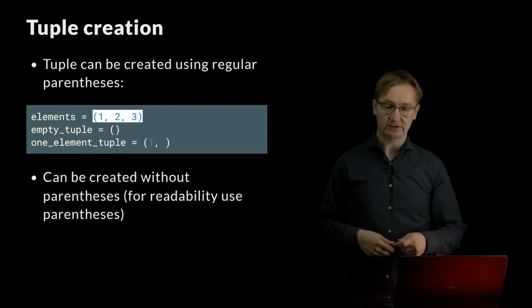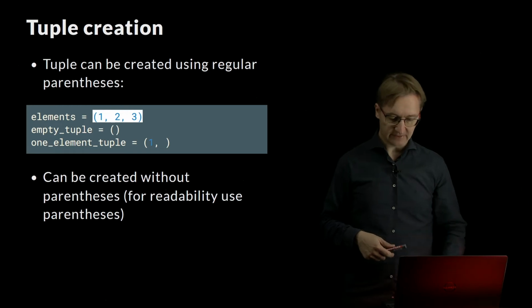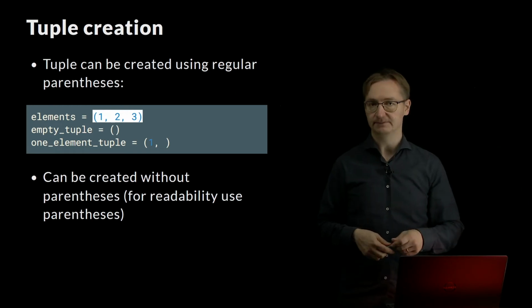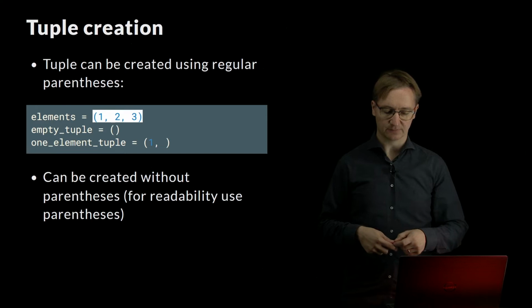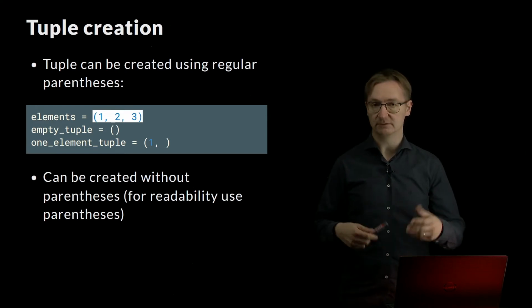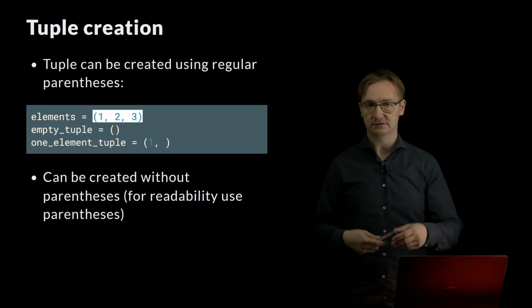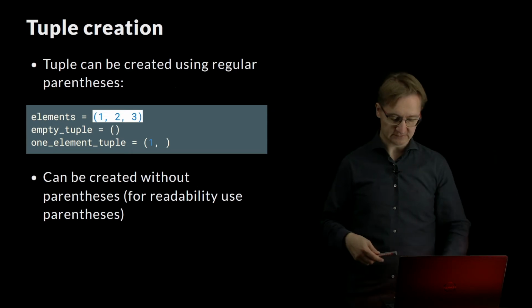And we can actually create tuples without parentheses, but it's not recommended. So I can create a tuple without the parentheses, and it would be just 1, 2, 3. But for readability, it's recommended to use parentheses.